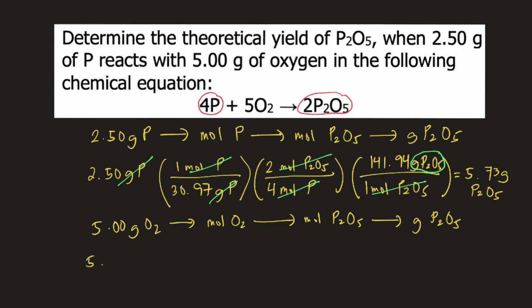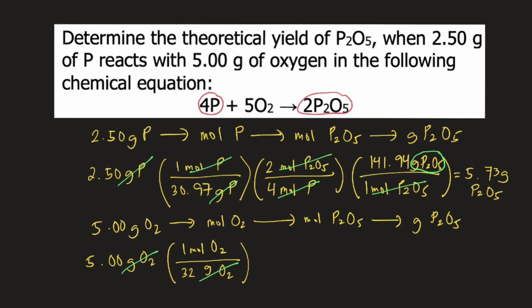So we start with the given 5 grams of oxygen gas. The molar mass of oxygen gas is 32 grams per mole. So the grams of oxygen gas will cancel.